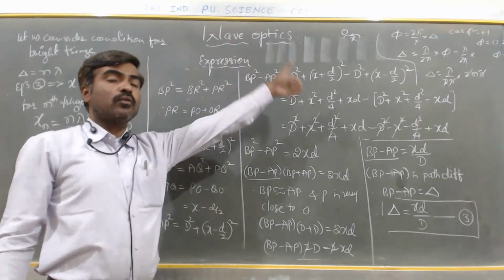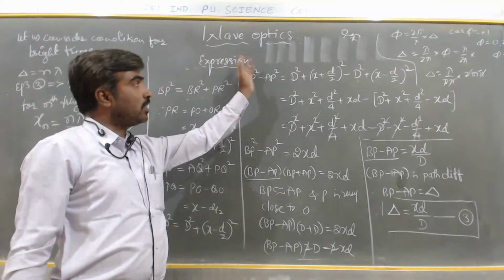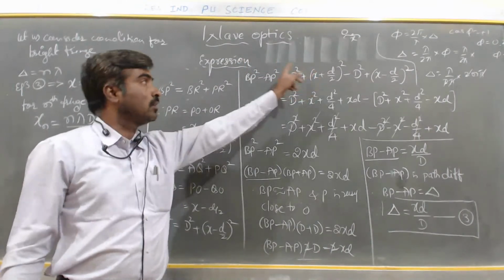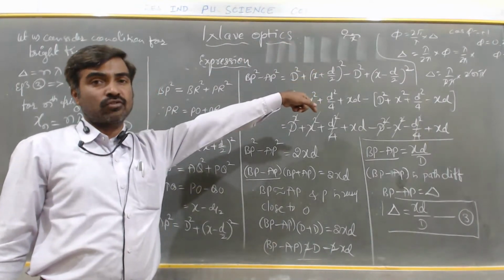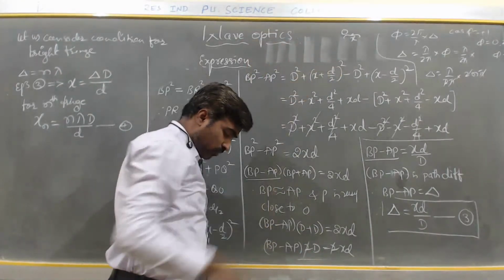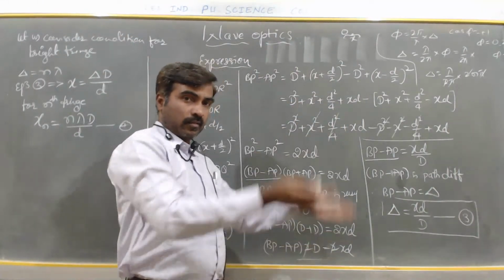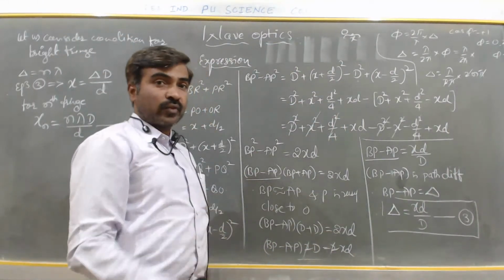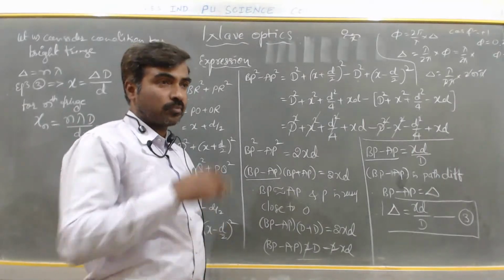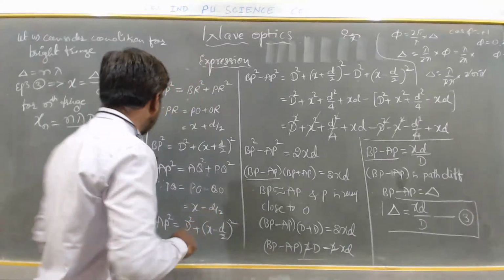Now it is the nth fringe. If I want to calculate one more fringe on this side or that side, I should take the (n minus 1)th fringe. Imagine you are calculating the 10th fringe, then the previous fringe will be the 9th fringe, and 10 minus 9 is 1, so one fringe value I will get.